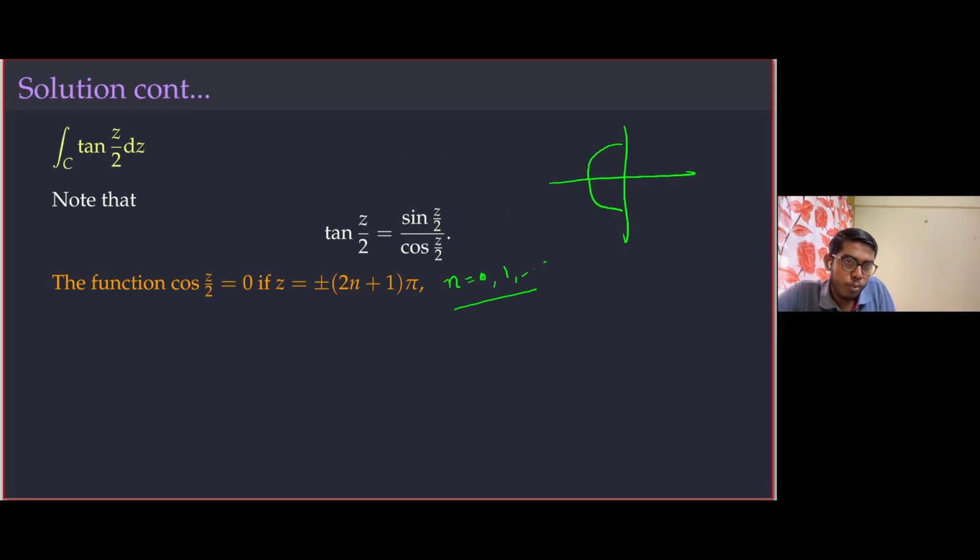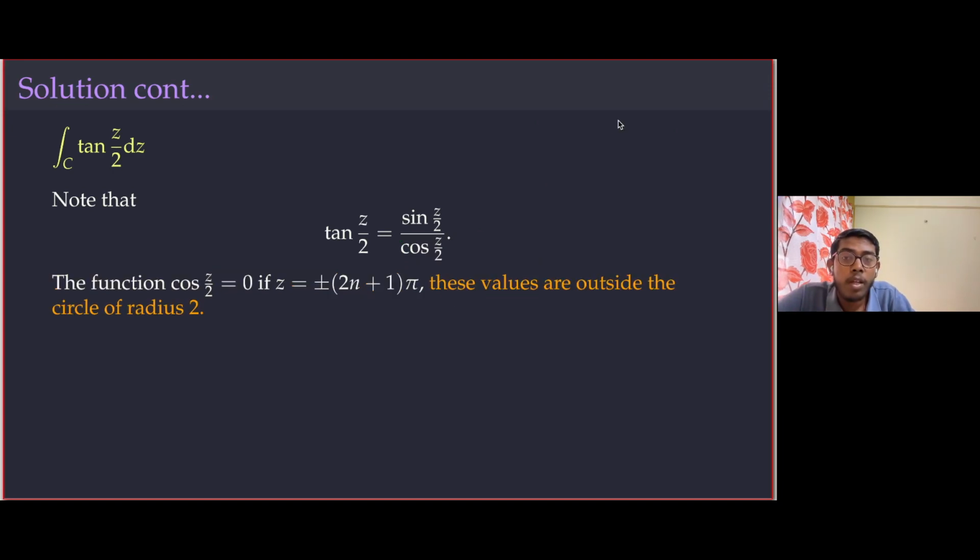The circle is of radius 2. This vanishes at pi, 3 pi, or minus pi, minus 3 pi, which are outside of this circle. Therefore this is an analytic function inside C, and hence the integral is 0.